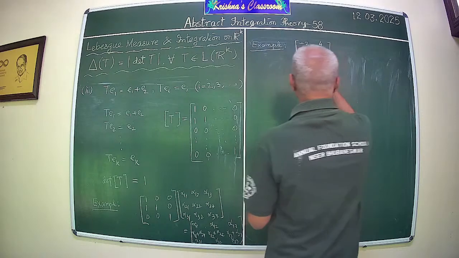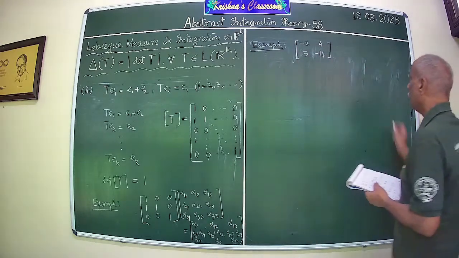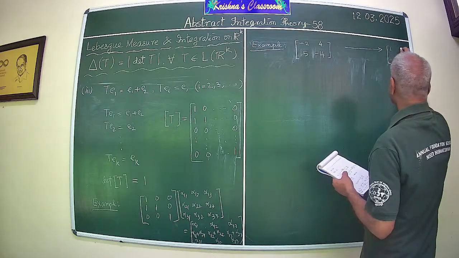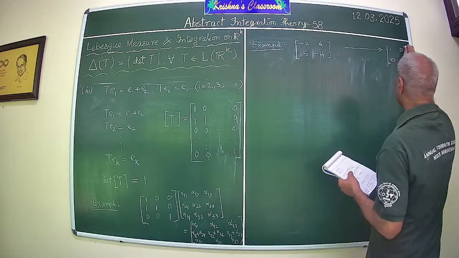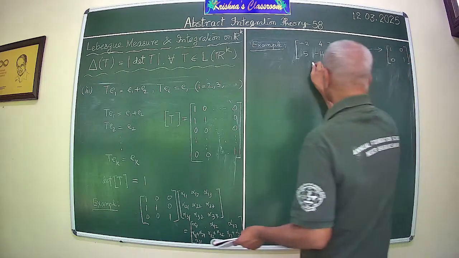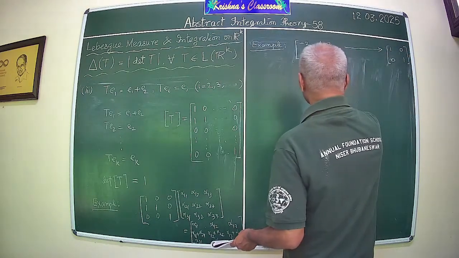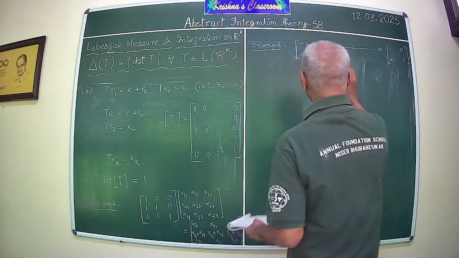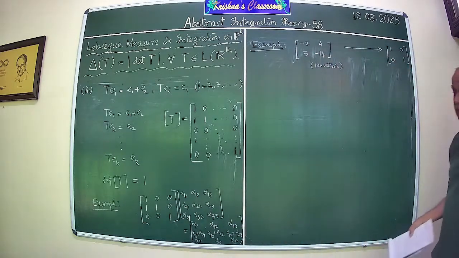Suppose this is the matrix. Now we want to transform this to the identity. Note that this is invertible. Now let us systematically do this.